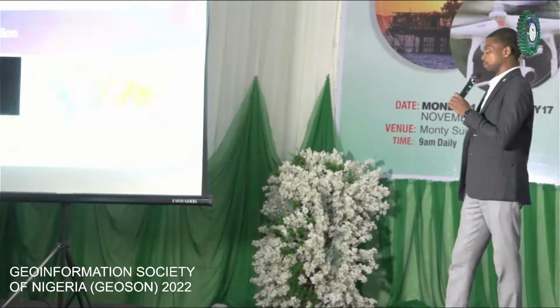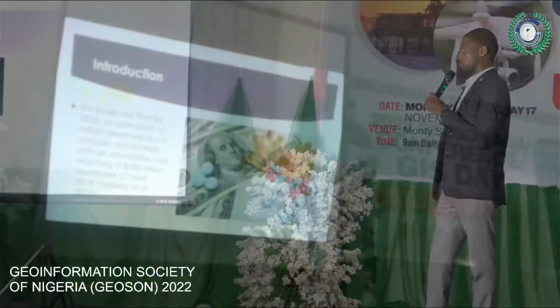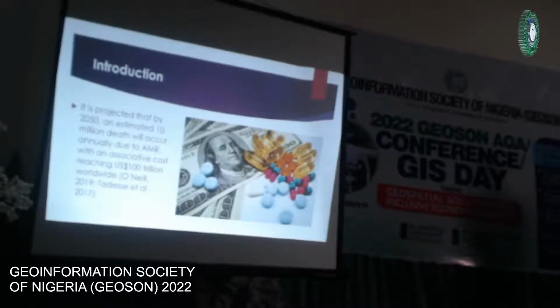Yes. So we've seen that there's a projected expenditure that is coming up in 2050. We're expecting that 10 million people will die all over the world due to antimicrobial resistance with the associated cost of $100 trillion worldwide. So this is a very big problem that is coming in the future. But guess where the huge problem will be in 2050?